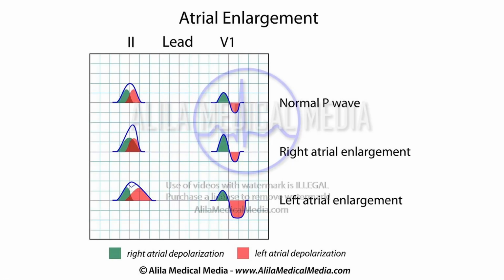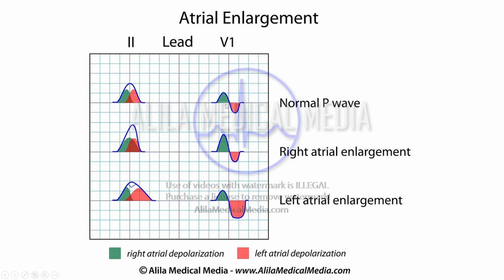So for the atrial enlargement, just because this is very general information, I won't be able to explain all the ECGs today. We will see in the right atrial enlargement, in the second lead, a P called P pulmonale, which is a much higher P than normal. And if we have a left atrial enlargement, just for your knowledge, we have a P called P mitrale, which is usually like two mountains.